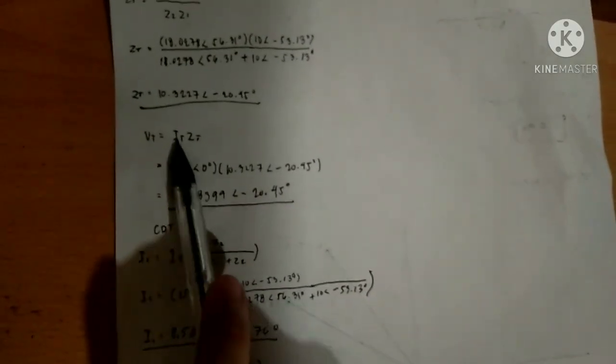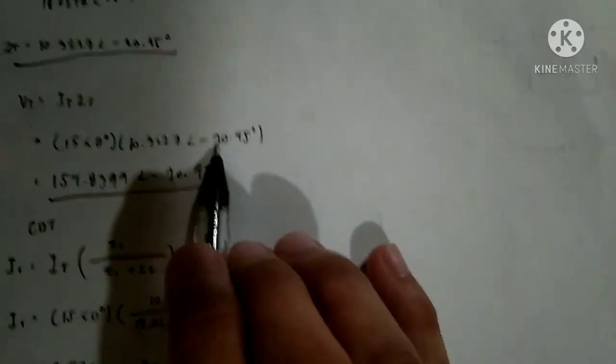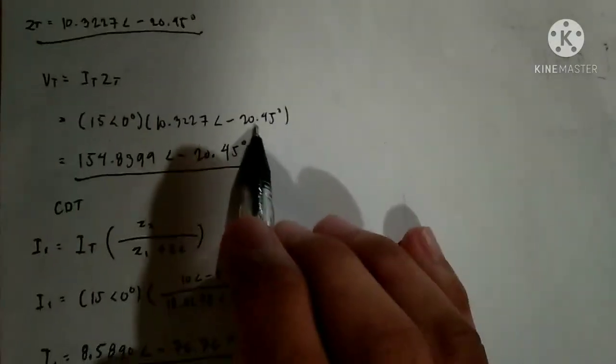The formula for total voltage is I total times Z total. Our I total is 15 angle 0 degrees, so we'll put that, and the Z total is the one that we just solved earlier, 10.3227 angle -20.45.